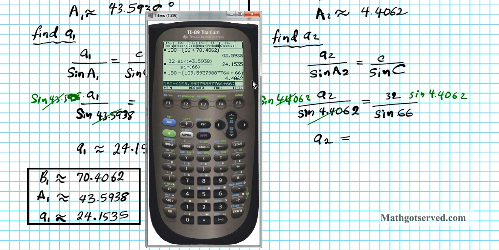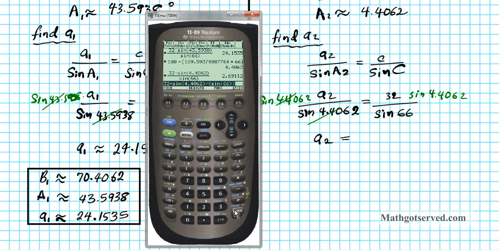So let's call that up on our calculator. Let me change what I had here before. Let's clear this. Call that back. Enter. And I'm going to change my sine argument into my updated sine value, which is 4.4062. Okay?